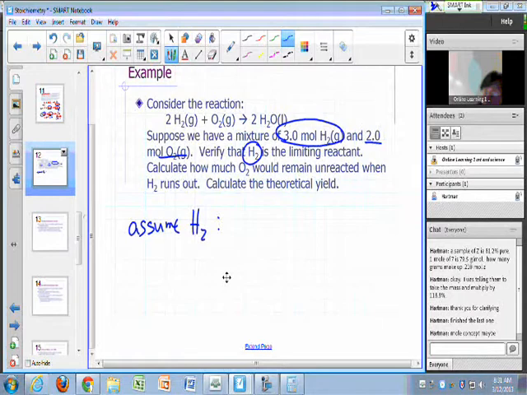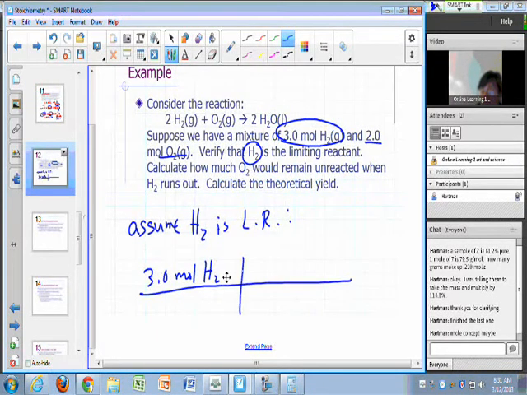Okay, so assume H2 is the limiting reactant, and then you're going to say, all right, 3 moles H2 will consume, according to this balanced equation, the H2 to O2 ratio is 2:1. So it's going to consume 1 mole of O2 for every 2 moles of H2.